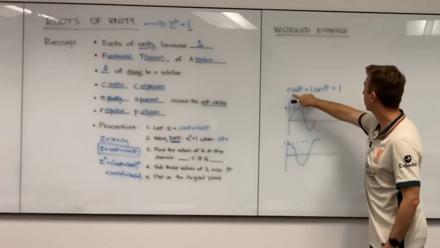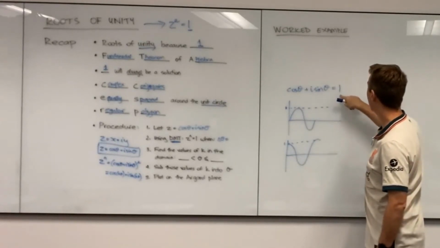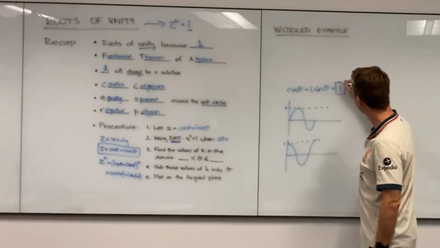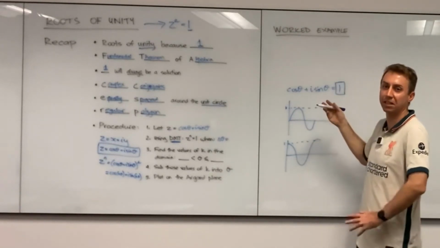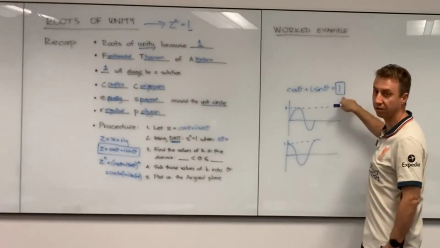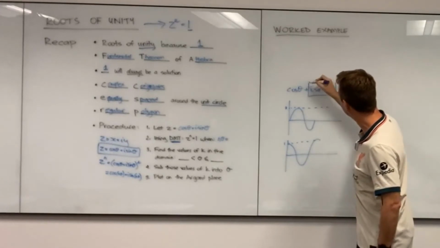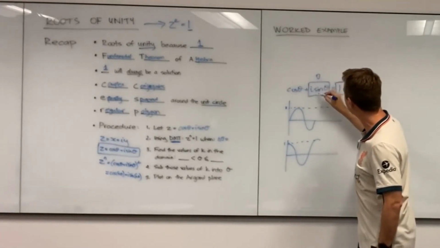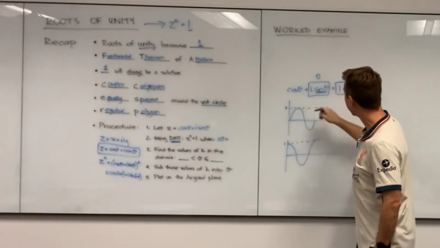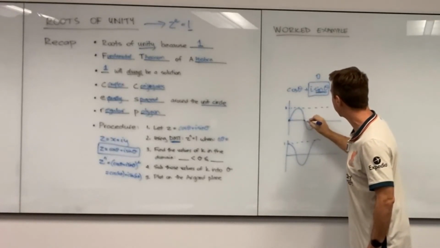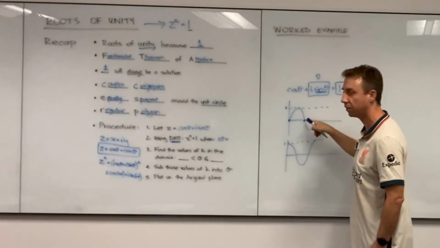If I want cos theta plus i sine theta equal to 1, what do I know straight away? Is 1 real or complex? Well, it's technically complex, but there's no imaginary part, is there? So what do I know about i sine theta? It's 0. So what do I know about sine theta? It has to be equal to 0, right? And we know in the domain we normally care about, there are 2 points where that is.